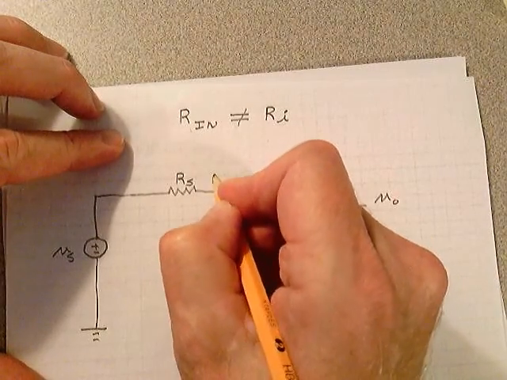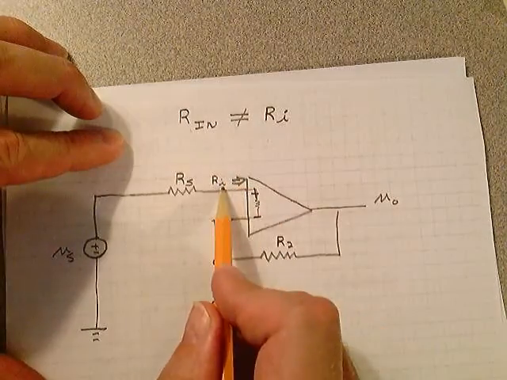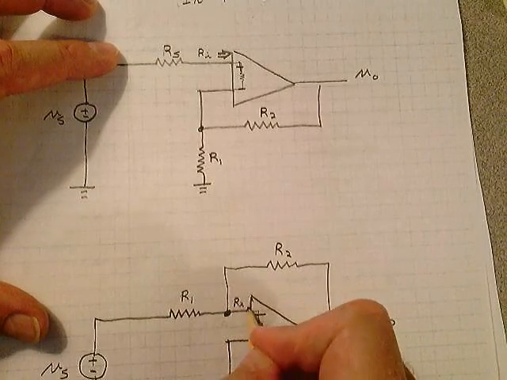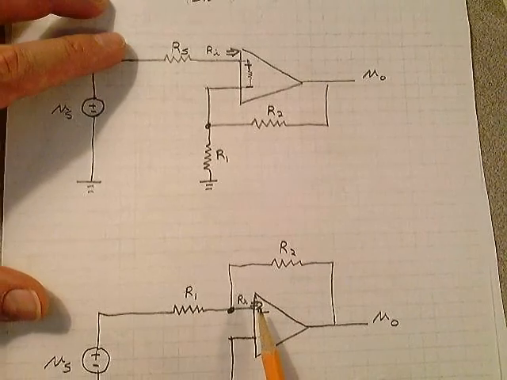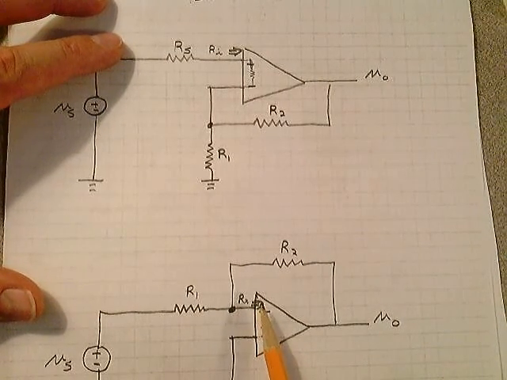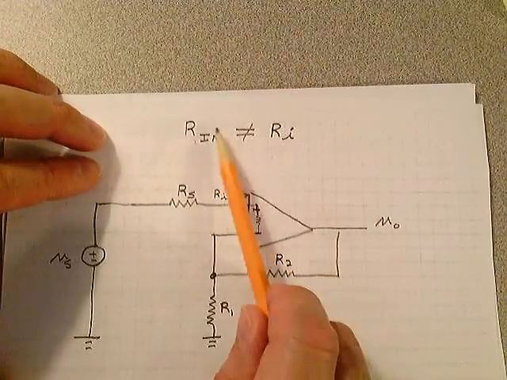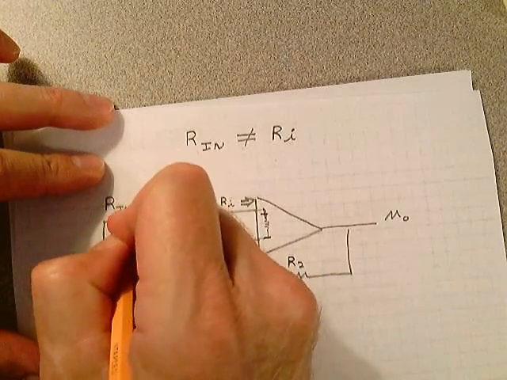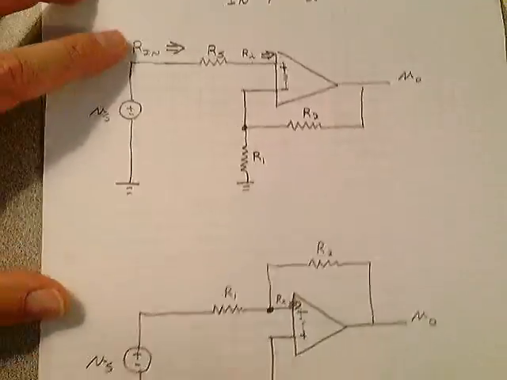So when you talk about Ri, you talk about looking into the operational amplifier from that point. And Ri is what we said, ideally, let it be infinity. And it worked fine through all the analysis. That's what Ri is. Rin is the input resistance of the circuit, looking from the source, looking here.